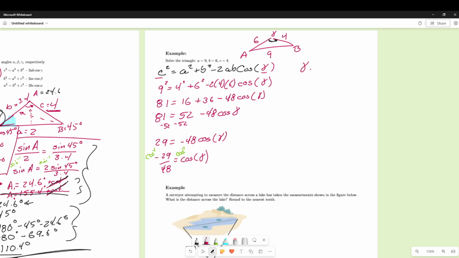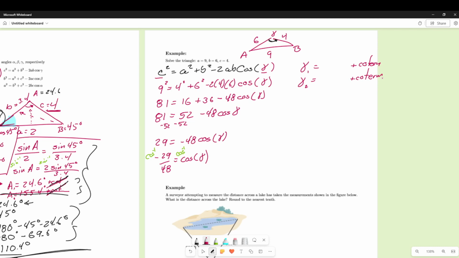And remember, we will always have two answers because we're using an inverse function. We're going to get two answers plus all the coterminals. That's not cotangent, by the way, it's coterminals. I hope that's not bothering anybody. So cosine inverse of negative 29/48. Well, it's negative, so we know we're going to be in quadrant 2, so we know it's going to be obtuse.